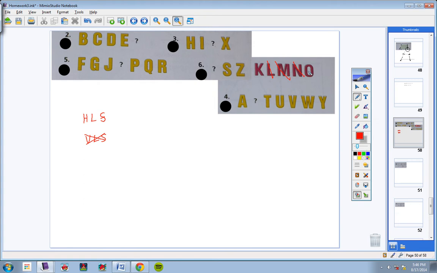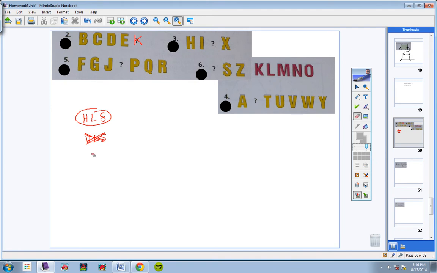O does, and so does K. However, please listen carefully. O also has vertical line symmetry, and K does not. So K is the only letter out of these 5 letters that has horizontal line symmetry, but no vertical line symmetry. Okay, so the missing letter here is going to be K.